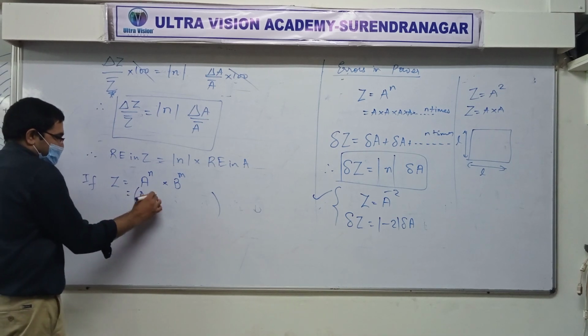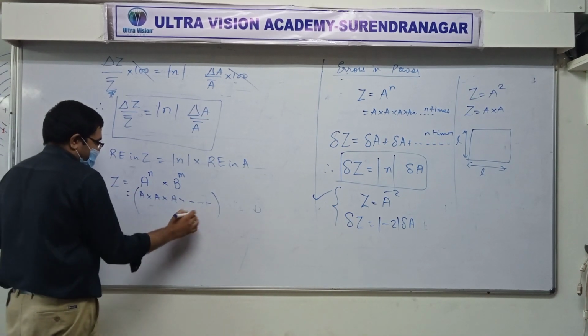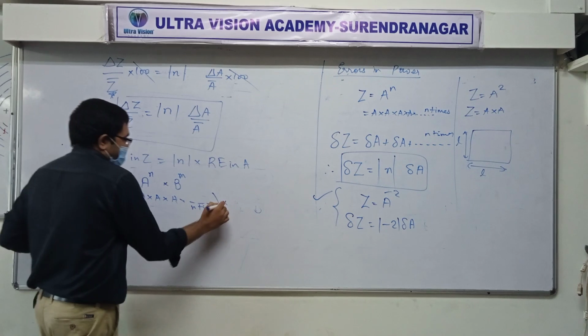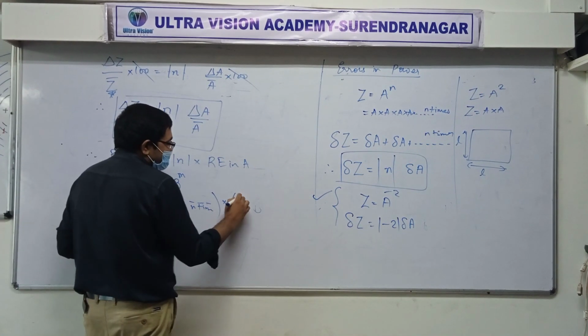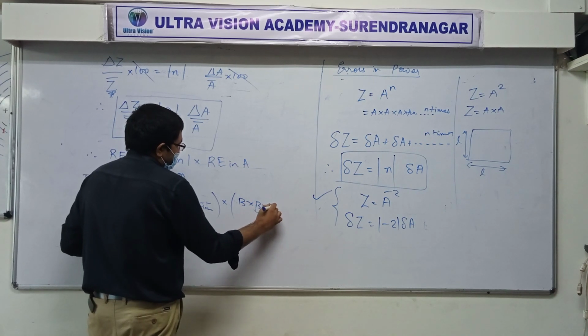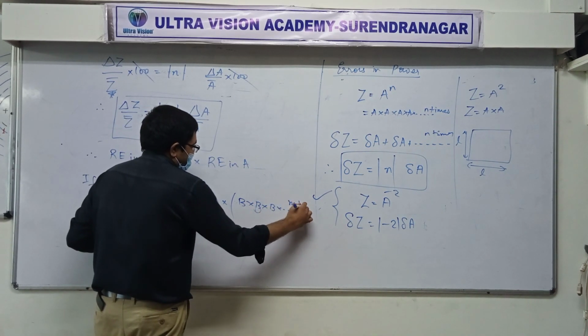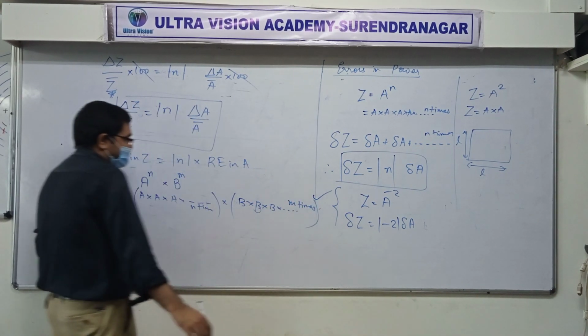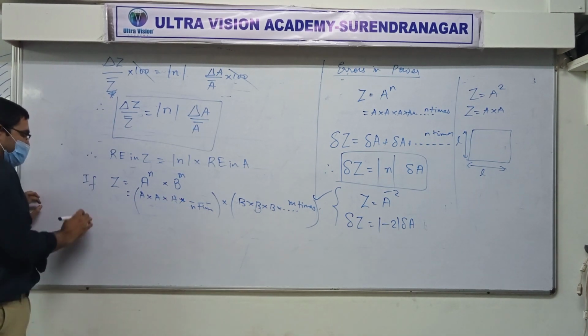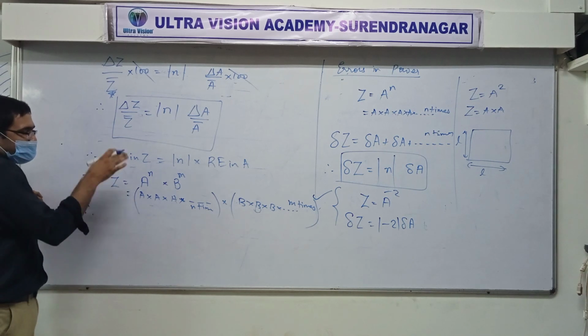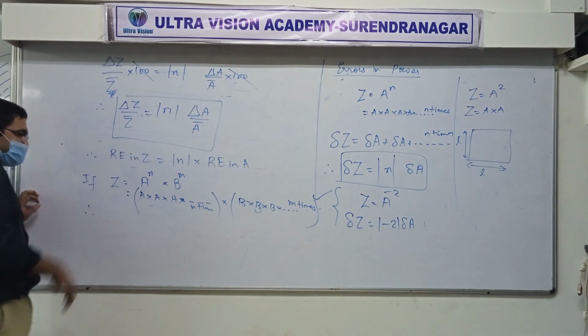Do you understand that it is going to be a into a into a into a, how many times? n times. And then multiplied with, again see there is multiplication in between, don't make a silly mistake, b into b into b into b, how many times? m times. Okay or not okay? Yes.